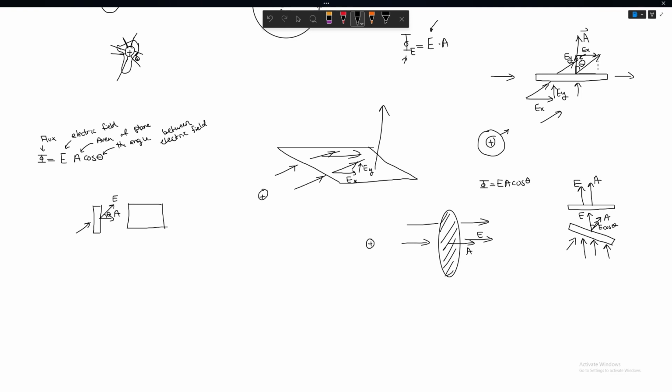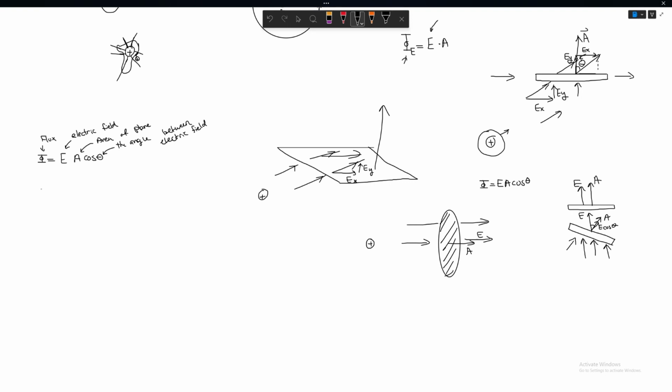And so if I do E times cos theta, that'll give me only the E in this direction, and that's what I actually care about: whatever is going in the same direction as the area you're counting for. Okay, so I hope that really takes it over the top right there. This is a very important concept. We will be using it a lot. That's why I'm trying to repeat myself many times.